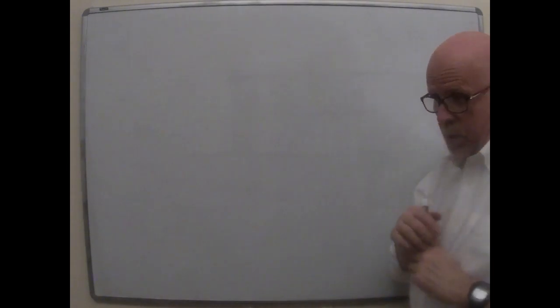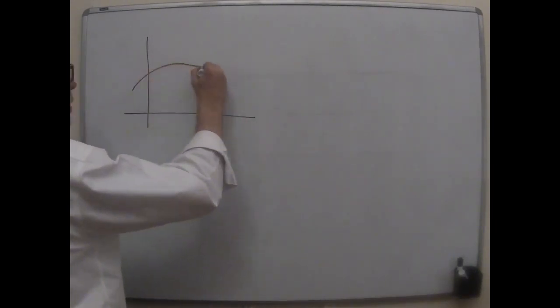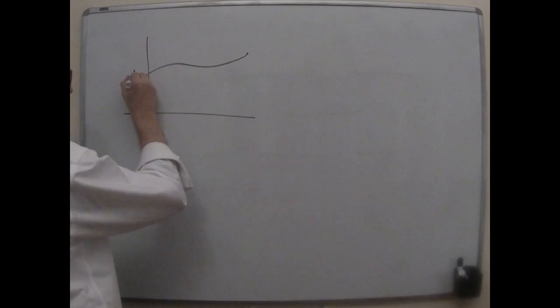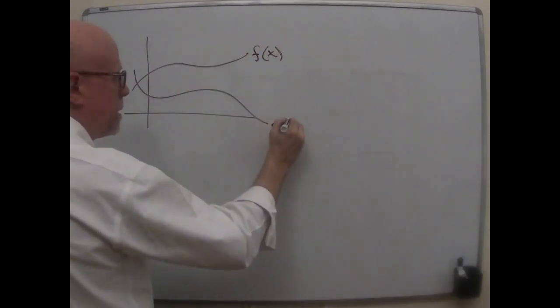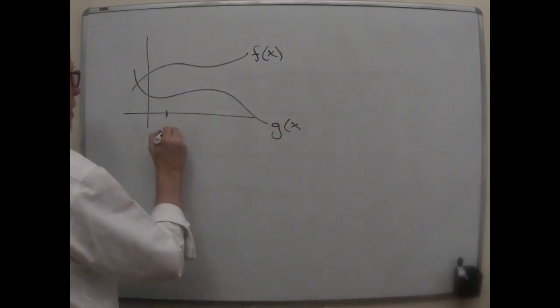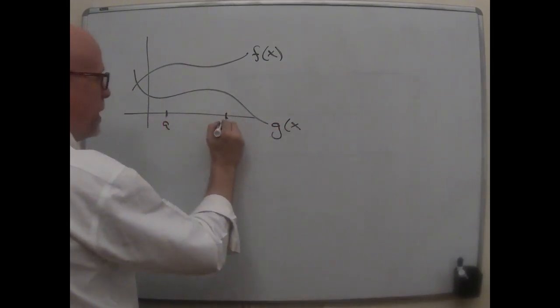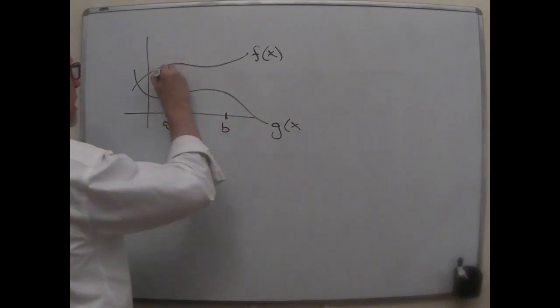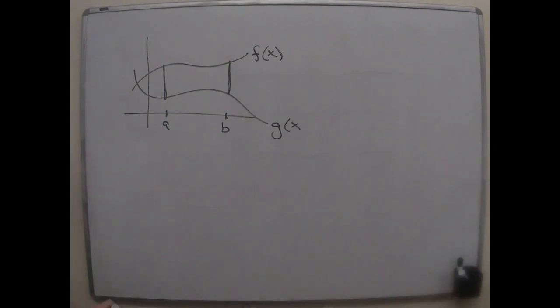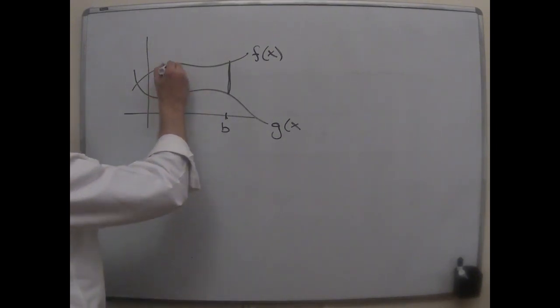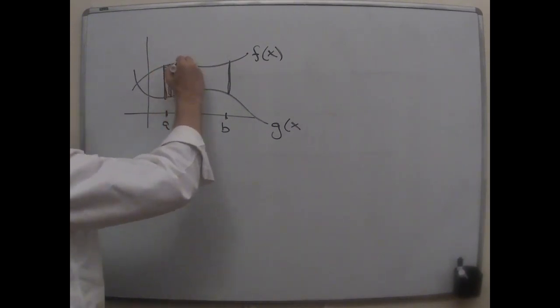So our next topic is going to be areas. Let me just remind you how we thought about areas previously when we had two functions, f of x and g of x, say. And then we had intervals, say x is a to x is b, to think about. The area between the curves and between the fixed endpoints was got by doing an integral, and it was because you could basically think about dividing the region up into a whole bunch of vertical strips.